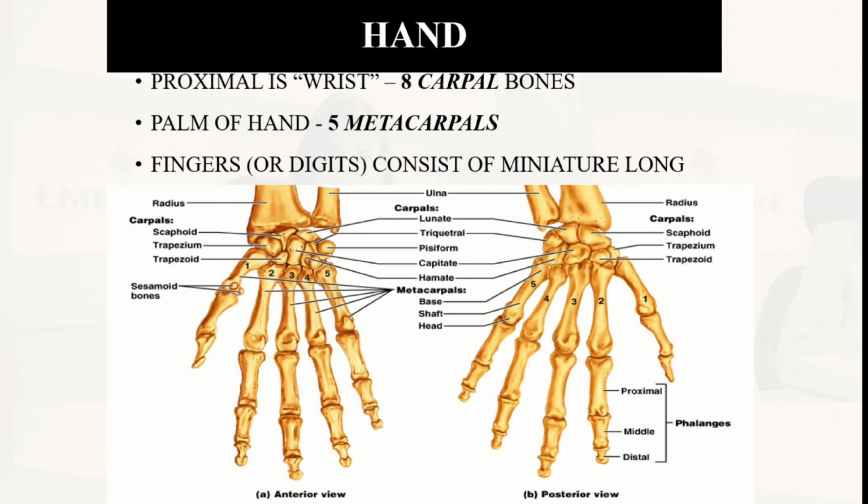Okay, so those are the 8 carpal bones. And on the palm of the hand, you have the 5 metacarpals.